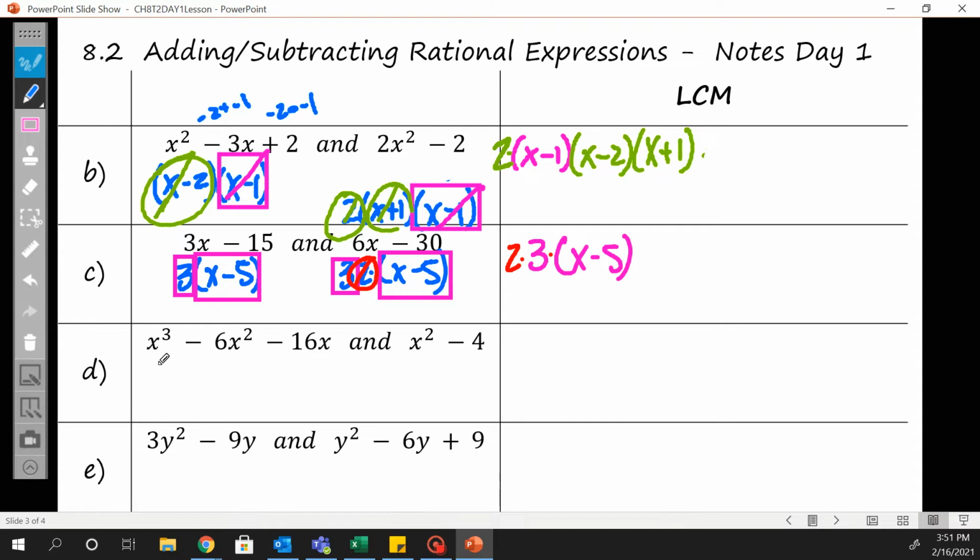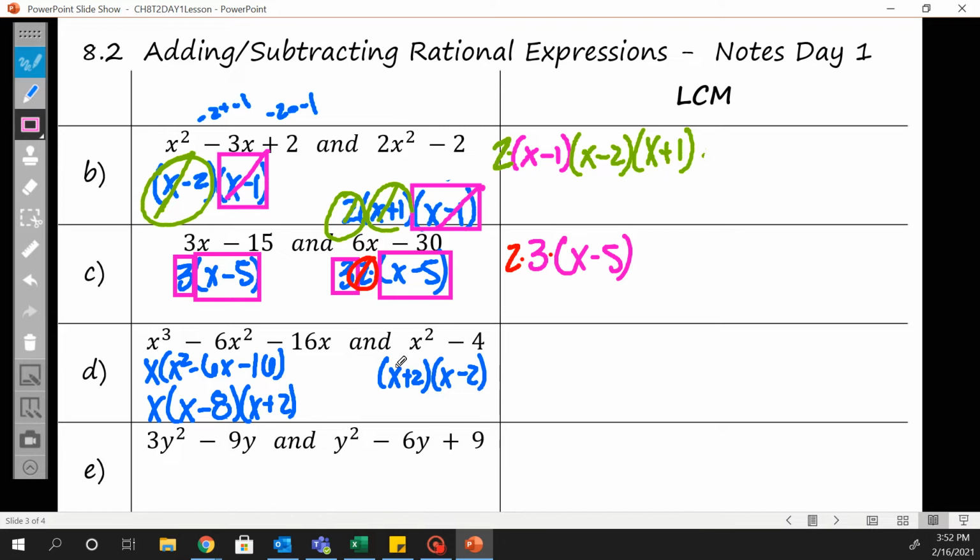All right, let's factor this. So x squared minus 6x minus 16. And then that factors into x minus 8 and x plus 2. And for this, x squared minus 4, that's x plus 2, x minus 2. So the LCM will be what they have in common.